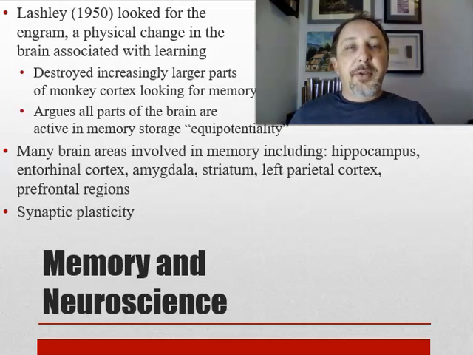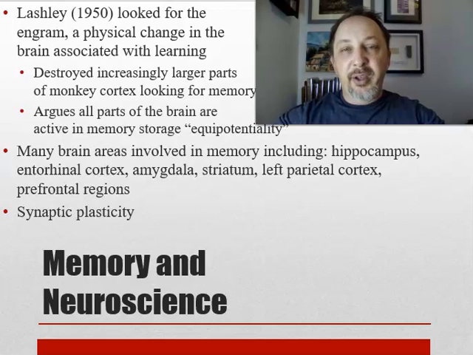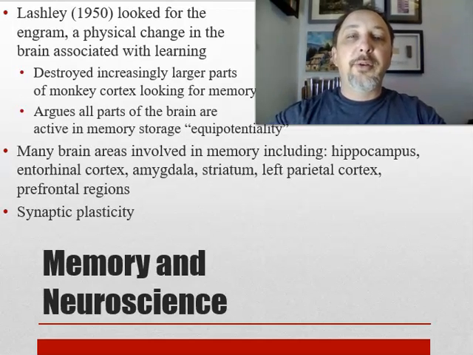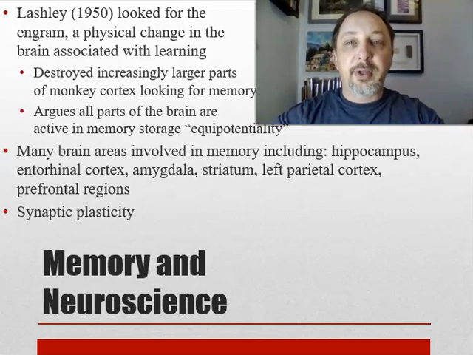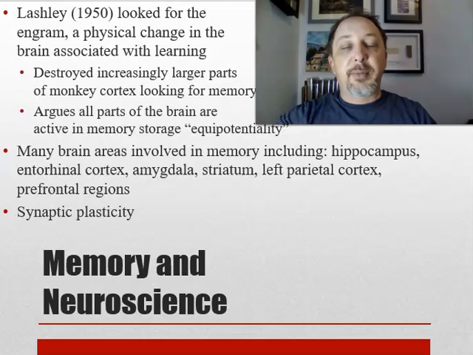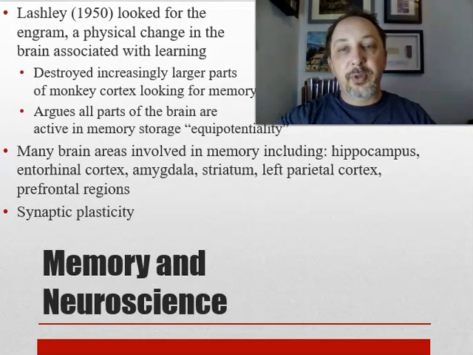There's a concept called the engram, which is kind of like where in the brain is memory. Lashley called it a physical change in the brain associated with learning and memory. And he destroyed larger and larger parts of the monkey cortex looking for this engram. And he argues that all parts of the brain are equally active in memory storage, and this is called equipotentiality. The memories are spread out in the brain.